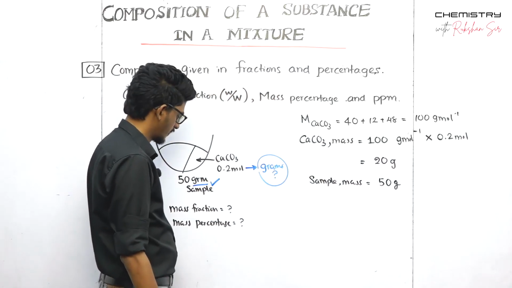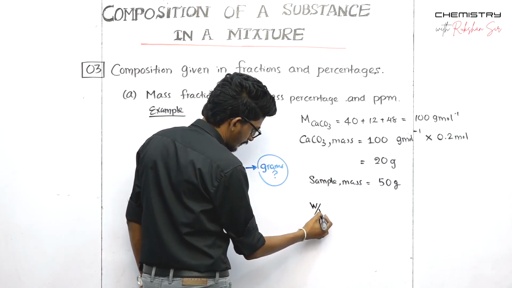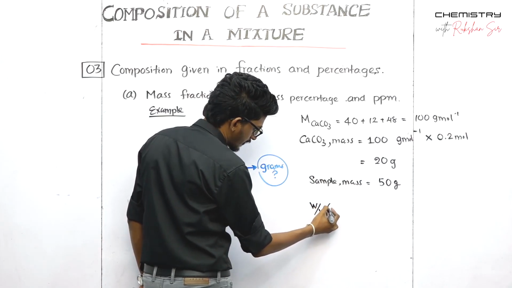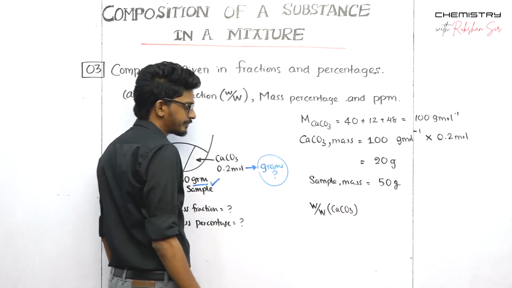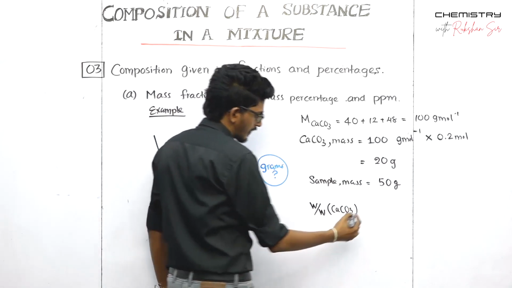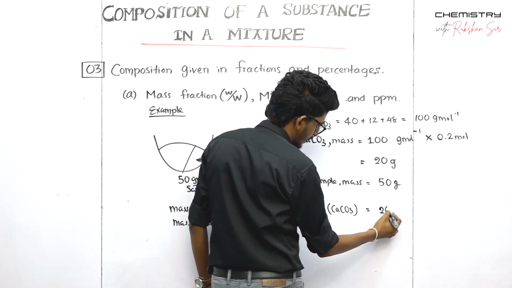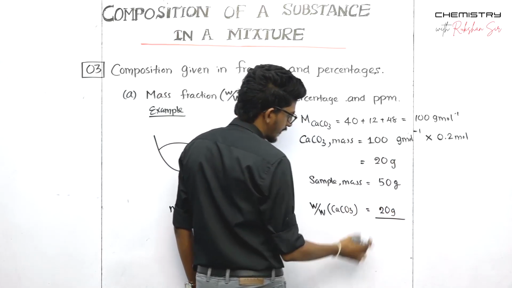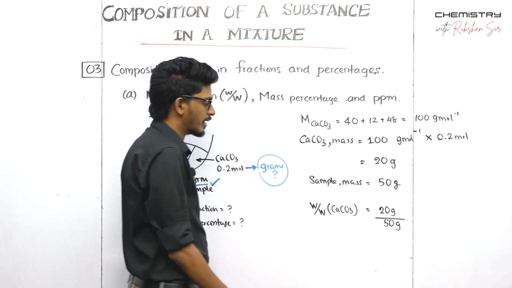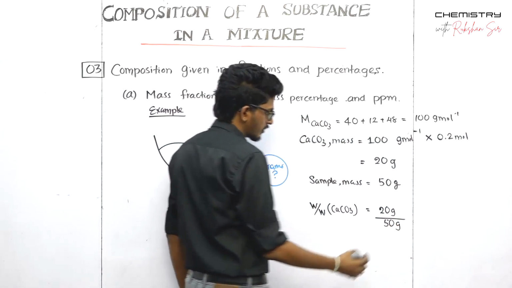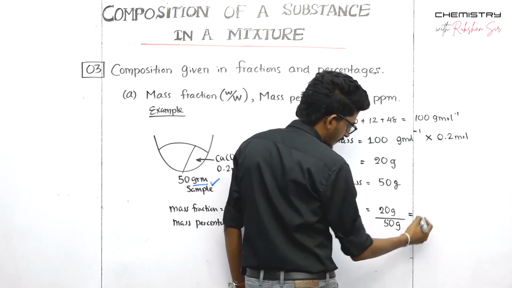The mass fraction, w/w for calcium carbonate, is the mass of calcium carbonate divided by the mass of the sample. So it will be 20 over 50, which means 0.4.